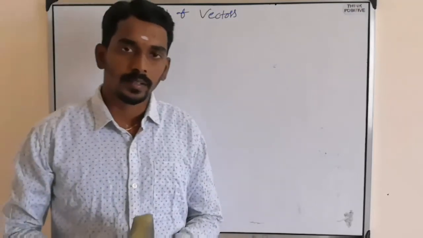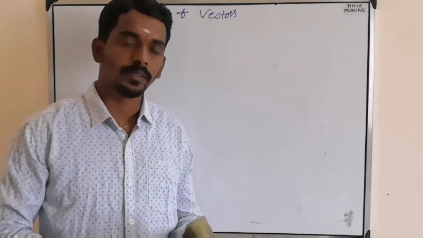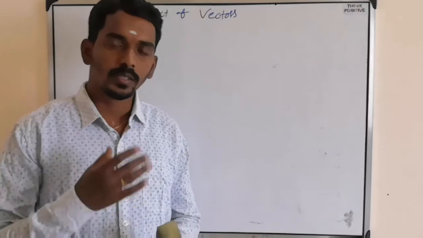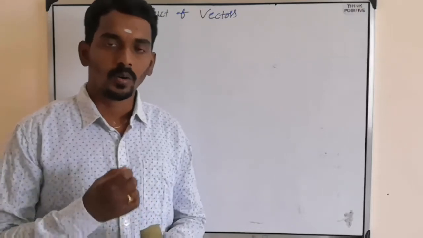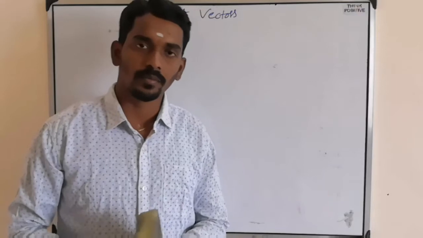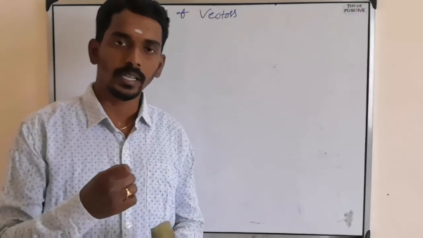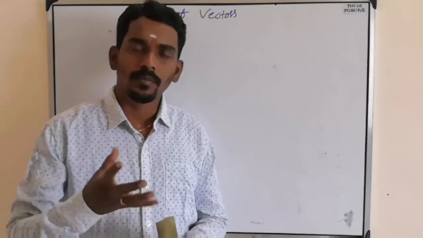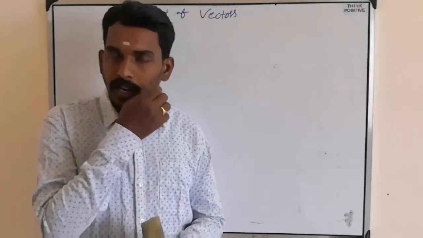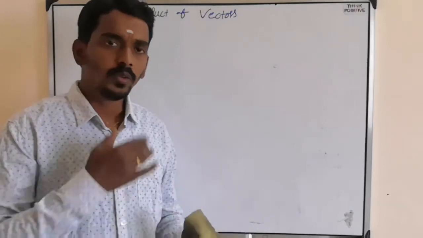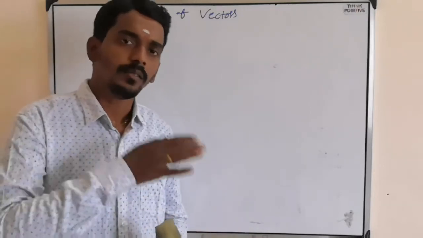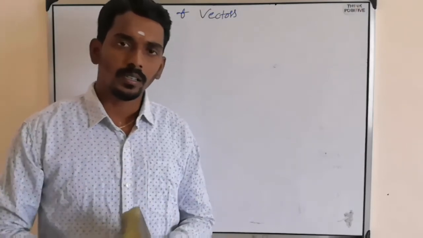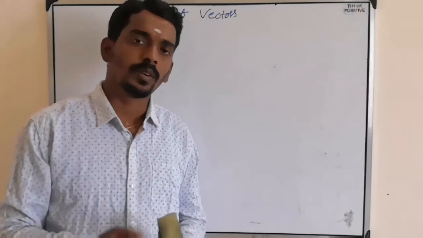As you all know, we have been discussing vectors for the last 5-6 classes. What is a vector, how to represent a vector quantity in vector form, how many types of vectors there are and how we use them in physics, like resolution of vectors and resultant of vectors.